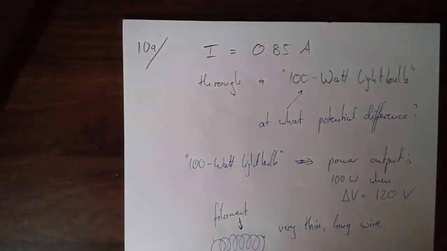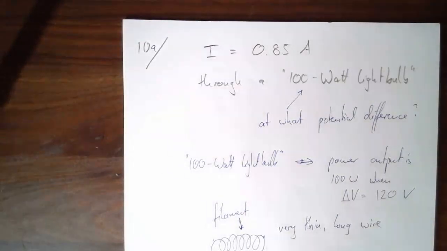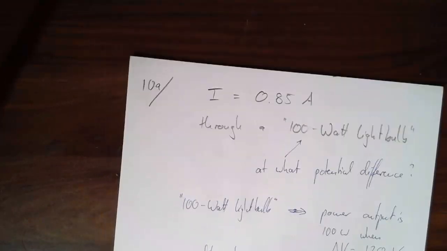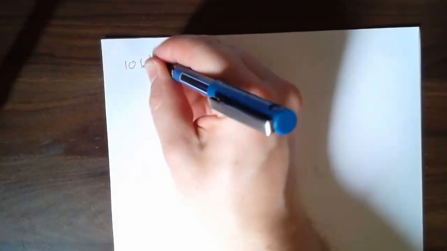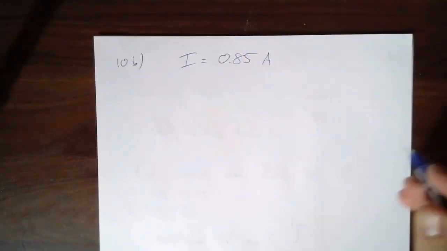What's part B? In part B, we're asked what is the electron current in the filament. Now, electron current is just the number of electrons, so this is really more like a conversion. For 10B, we have I, in my case 0.85 amps.